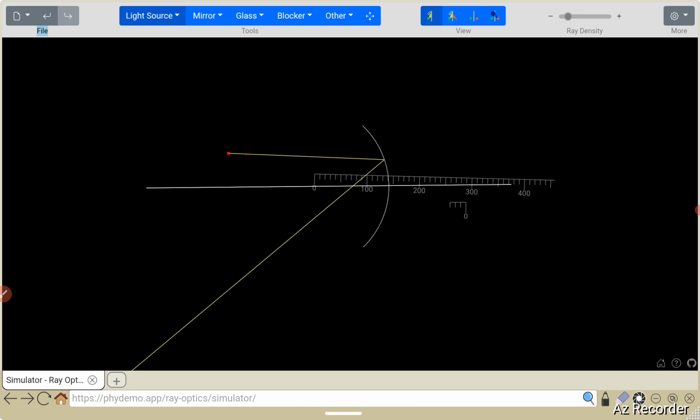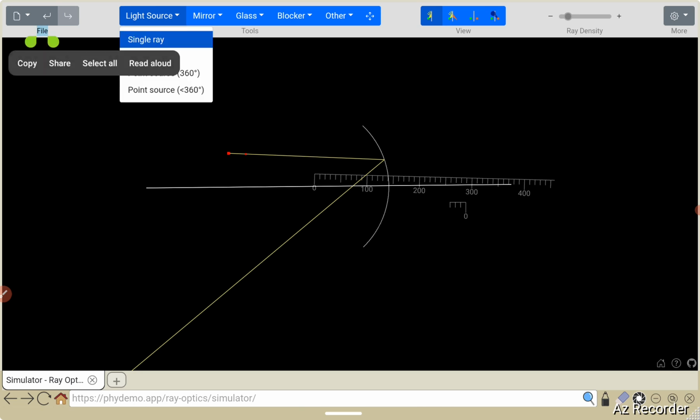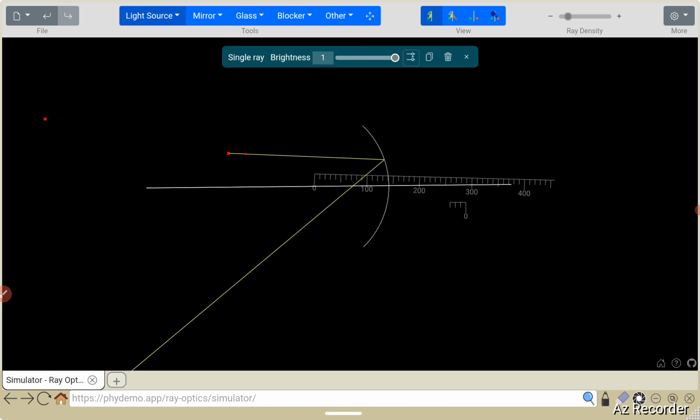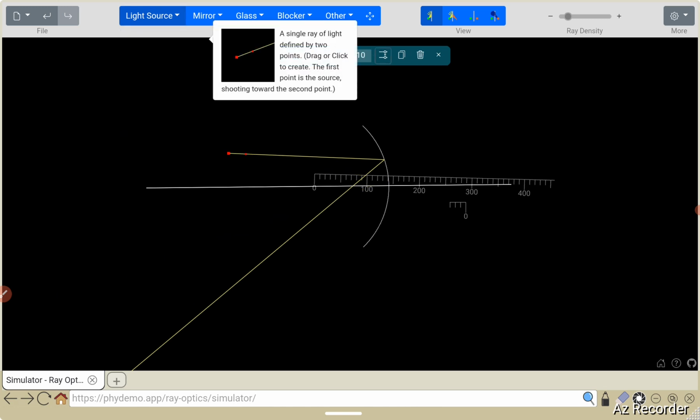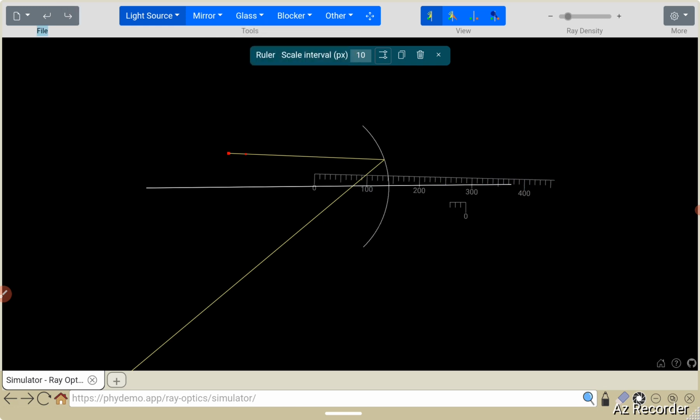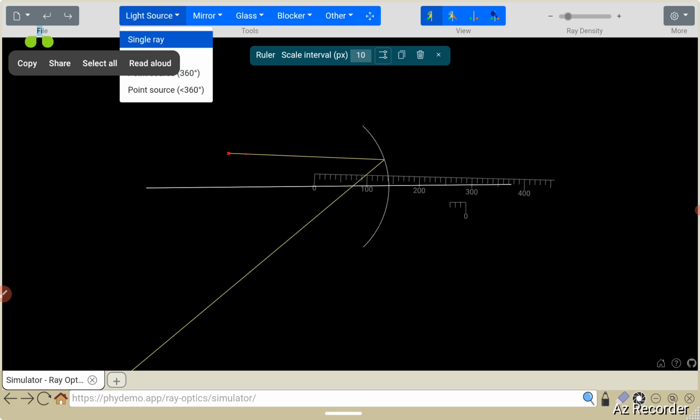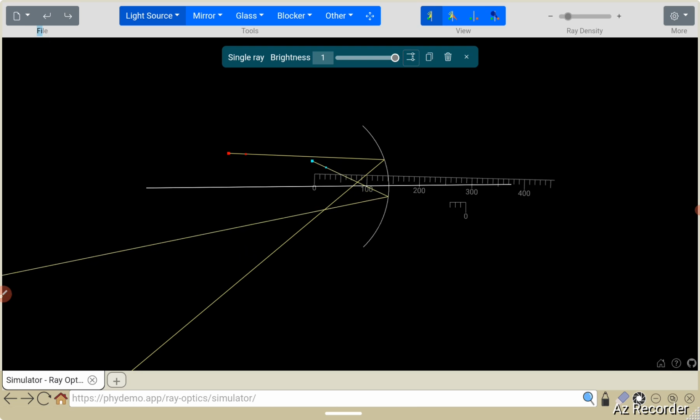I am taking the light ray from 0 only, and it has to pass through the focus. Where is the focus? Here.